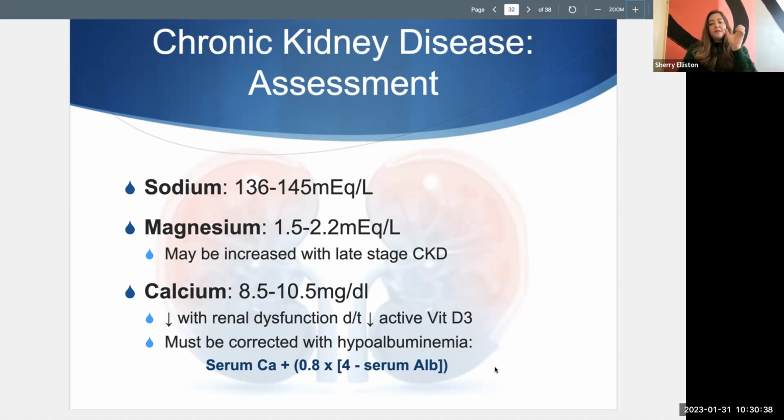You'll take the serum calcium level, let's say it was 10, and then you're going to add to it 0.8 times 4 minus the serum albumin level. So take 4 minus the serum albumin level, then multiply that by 0.8, and then you'll add that to the serum calcium level.